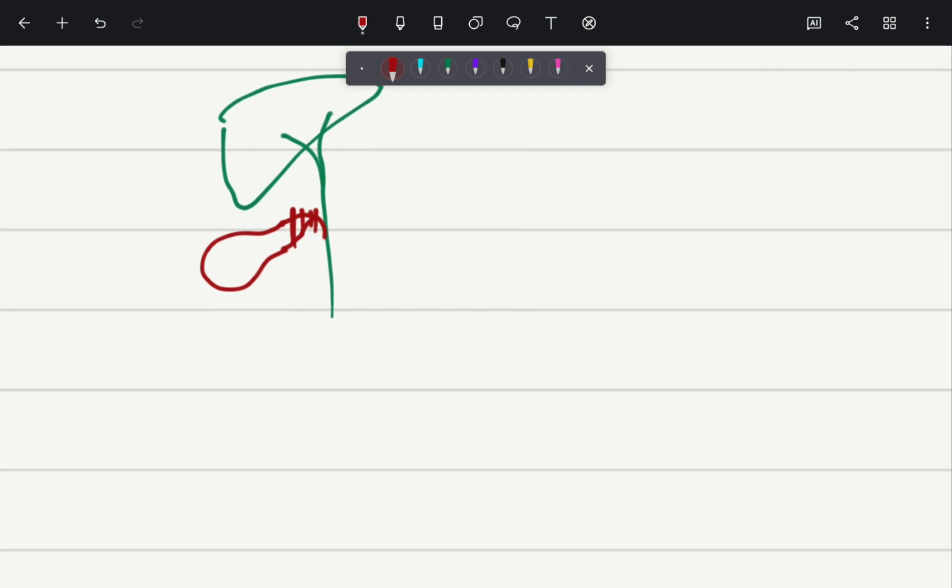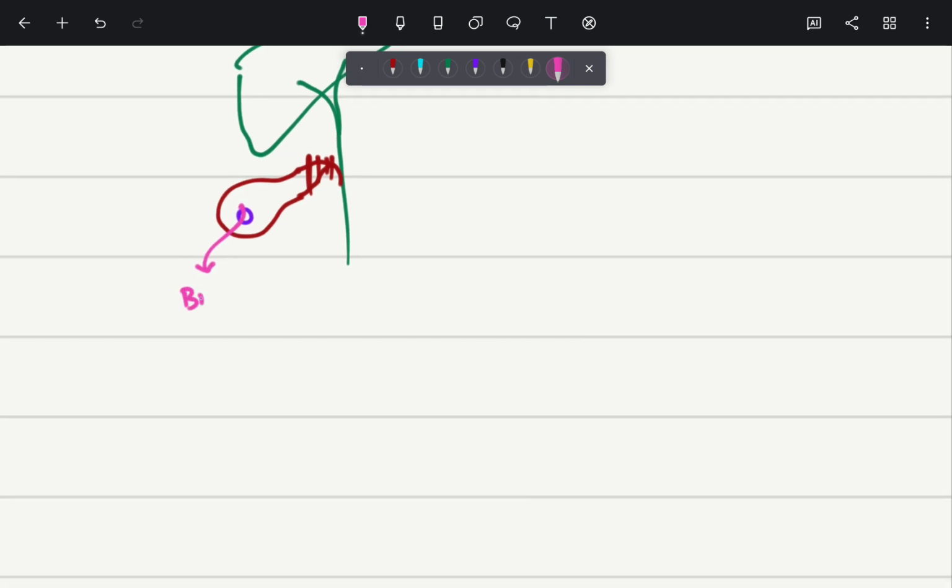While removing the gallbladder, the surgeon was careless and eventually there is perforation of the gallbladder. Whenever there is a perforation of the gallbladder, the contents of the gallbladder, such as your bile, will leak out. Now this is called spillage.